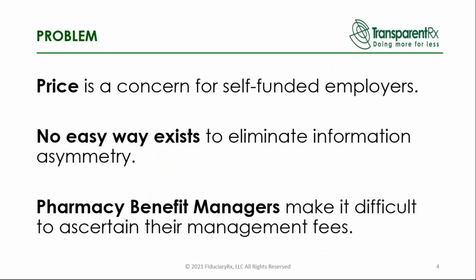So whenever we approach a potential client, or one approaches us, and we ask what's your most pressing problem around the pharmacy benefit, inevitably it comes back 9 times out of 10 as something around price, or maybe a concern around a lack of transparency. There's no easy way to solve that pricing problem without eliminating information asymmetry.